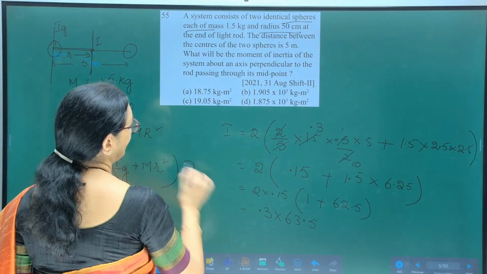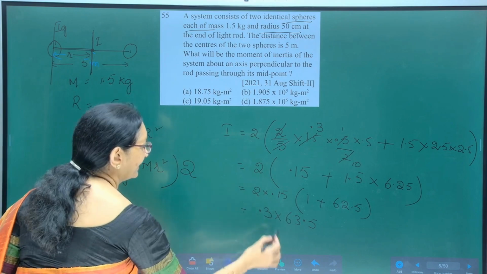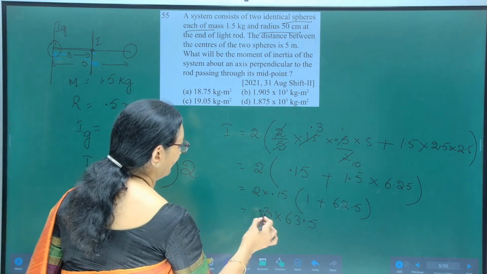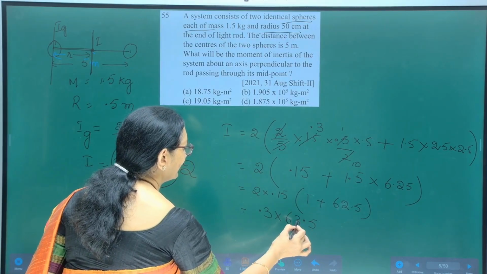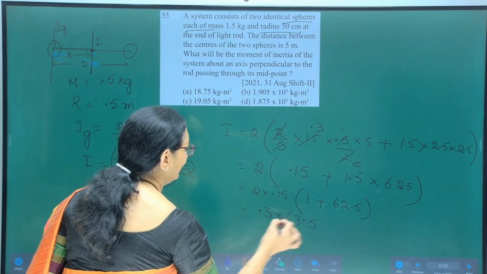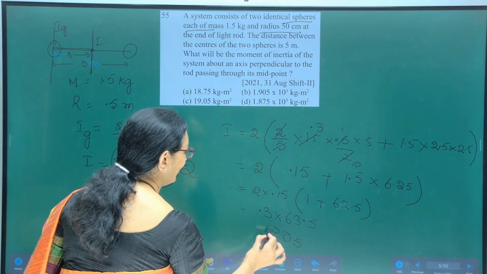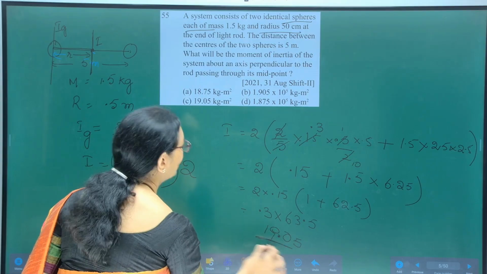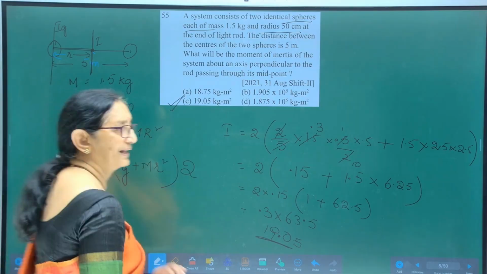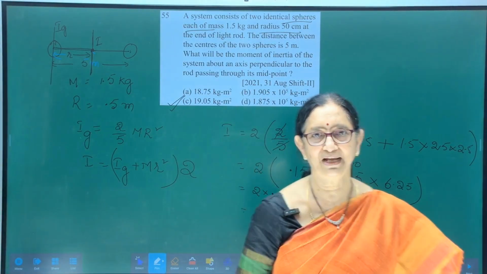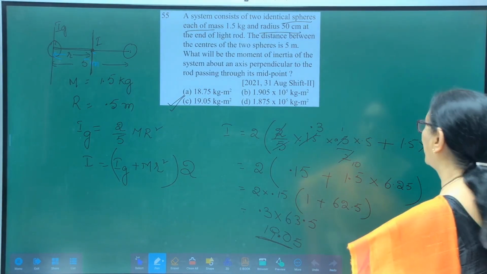Look here, if you forget about the decimal points, 3 5s are 15, 3 3s are 9, 1, 10, 3 6s are 18, 19. So it is 19.05 kg meter square. That is the answer, right? So move on to the next problem.